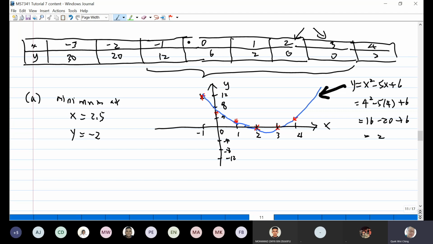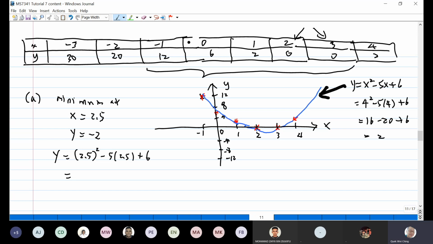If you want to make sure, do the calculation yourself. When x equal to 2.5, y equal to 2.5 squared minus 5 times 2.5, then plus 6, right? Do the calculation yourself and see whether your estimate is fair enough. So 2.5 squared, minus 5 times 2.5, then plus 6, and you get minus 1/4.